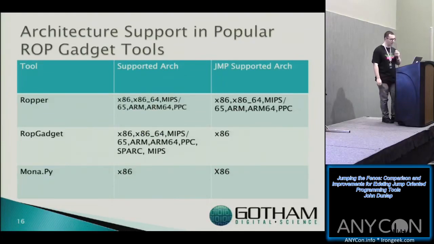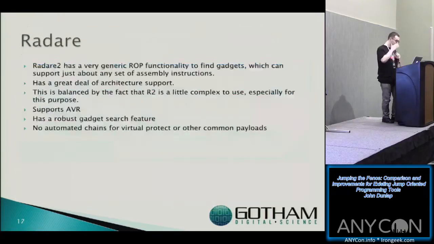Some of the reason for that is that all this relies on Capstone support and understanding of how to use the Capstone library correctly, which not everyone does, or it's pretty complicated. Sadly, probably the best tool on this list, Mona.py, only supports x86, not even 64-bit binaries, which sucks. And then there's Radare, which supports everything, but has its own issues. We'll get into those in a moment. It even supports AVR, which I think is really cool.